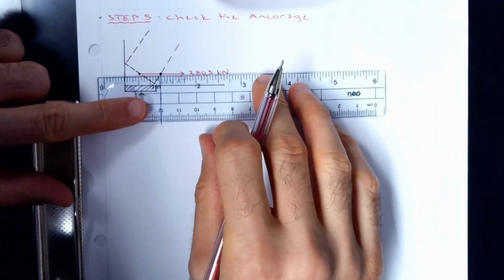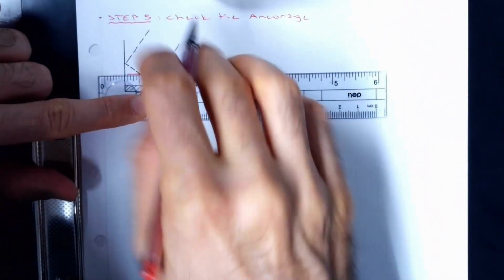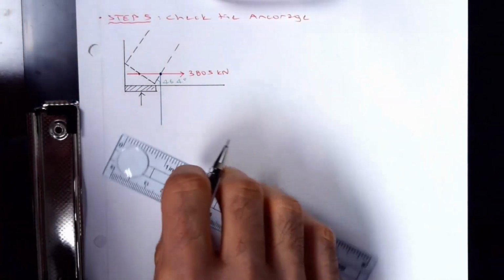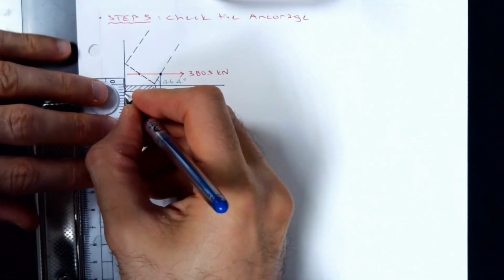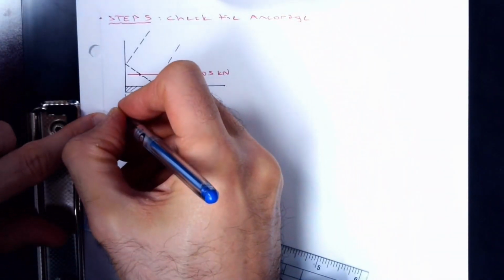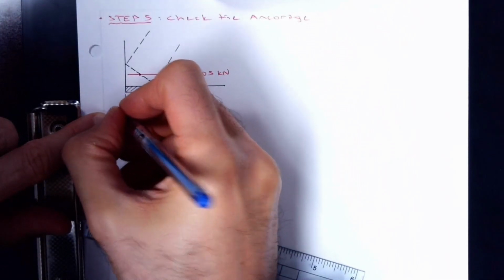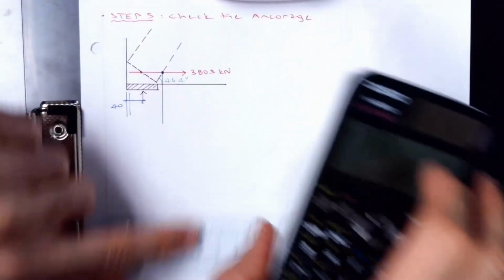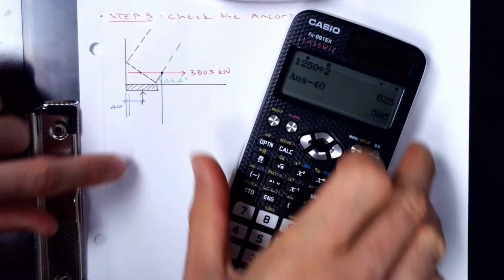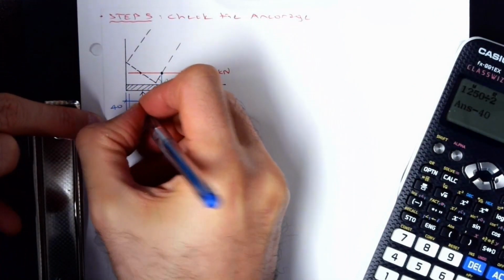Reinforcement can be extended to the edge straight minus side cover. Again, side cover assume 40 millimeters, slightly less than 2 inches. So the full distance was 1250, so this is 40 millimeters. Bearing plate was 1250 divided by 2 minus 40, that is going to be 585. 585.